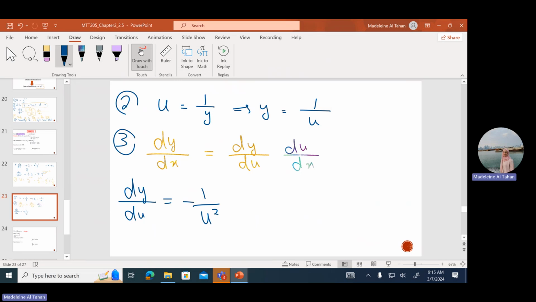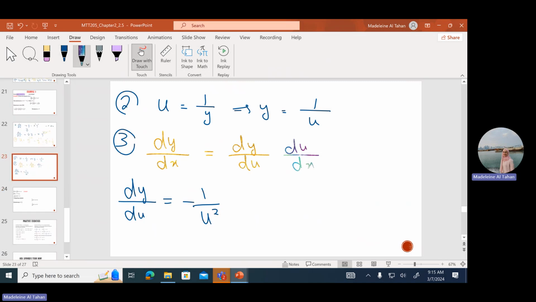Substitute now in the formula. We substitute now in the formula.